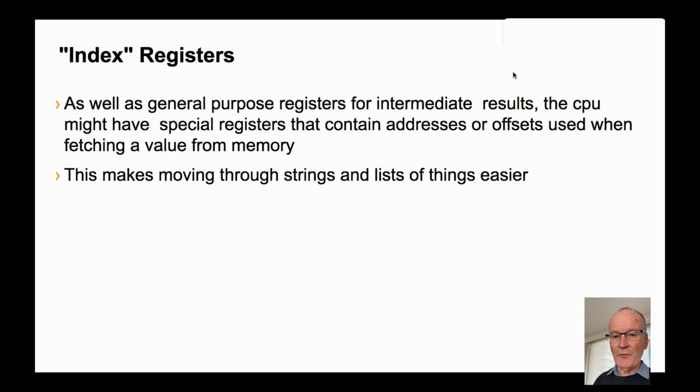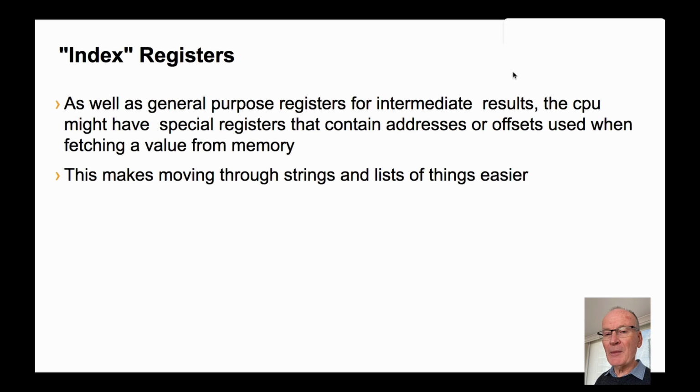Now, there's one other sort of register, as well as the general purpose registers that allow us to store intermediate results in a very fast memory. There's another type of register which is useful when you want to access, say, arrays, or you want to have an offset into the memory from some address. And these are called index registers.